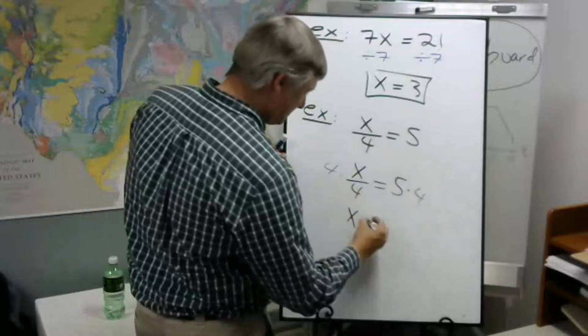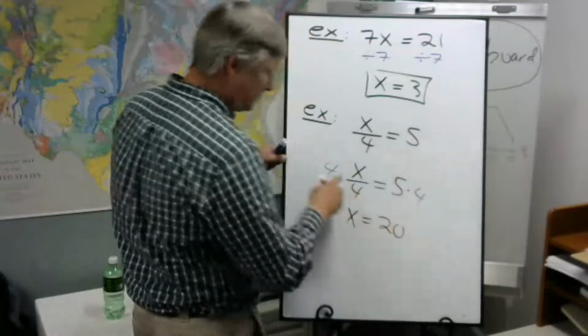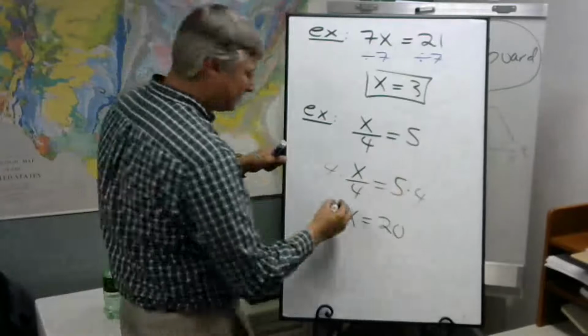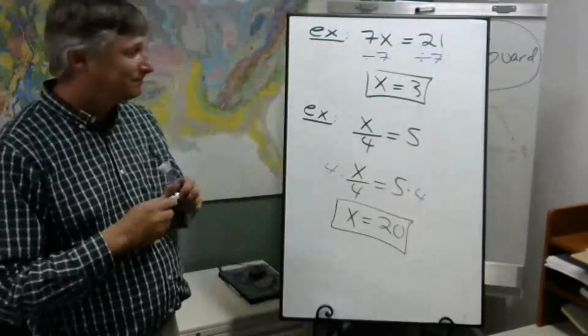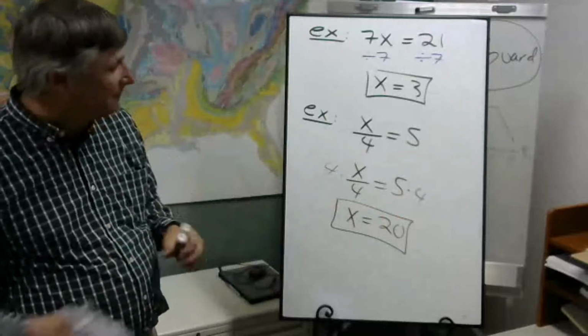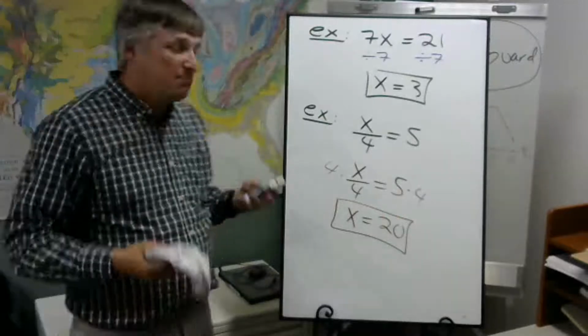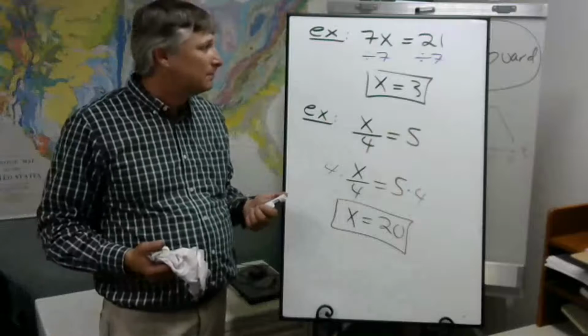These will cancel. X, again, what we do to one side, we do to the other. X is equal to 20. So those are sort of the basic cancellations.